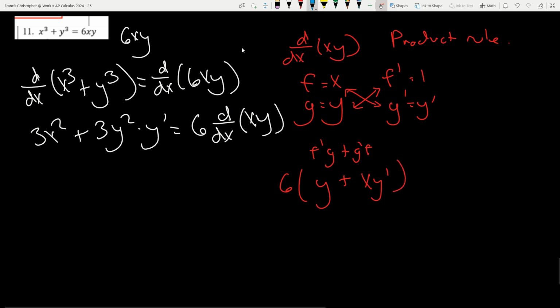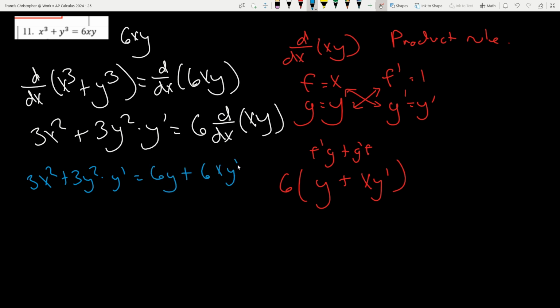So in blue, I'll rewrite this entire thing. 3x squared plus 3y squared times y prime equals 6y plus 6xy prime. Like I said before, we want all the derivative terms on the left, and then everything else on the right. So this doesn't have a y prime term, so I'm going to subtract 3x squared from both sides.